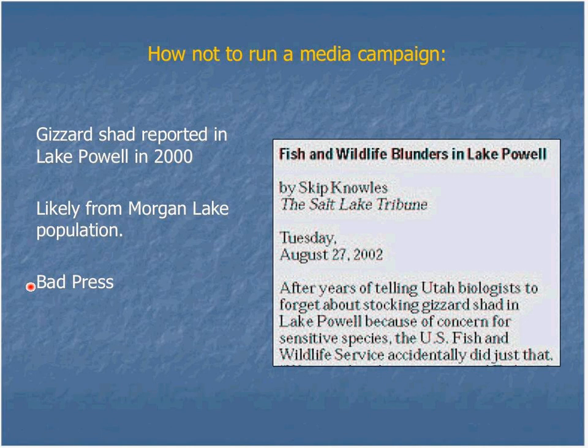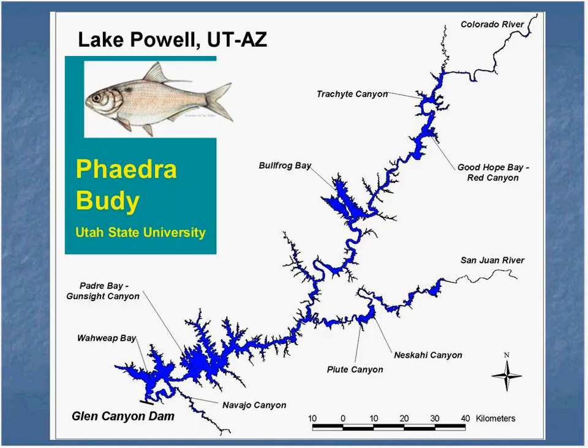And this was pressed by the Fish and Wildlife Service. So after years of telling Utah biologists not to stock gizzard shad in Lake Powell because of concern for sensitive species, the U.S. Fish and Wildlife Service accidentally did just that. So here's a question of how the gizzard shad moved into Lake Powell.